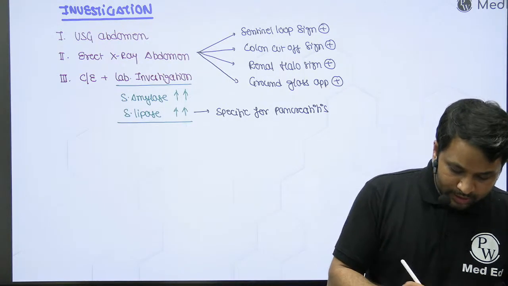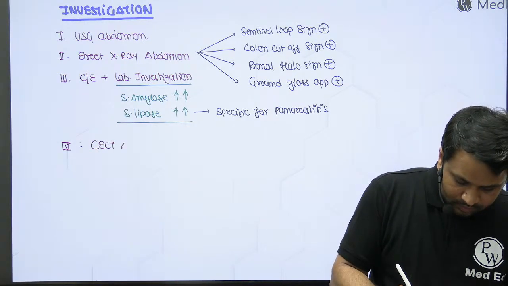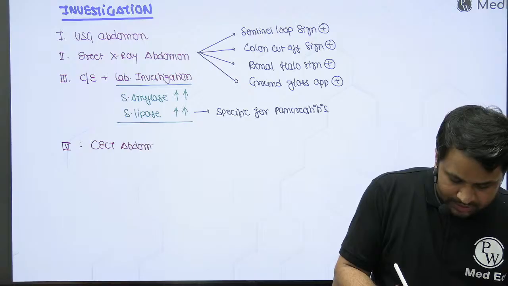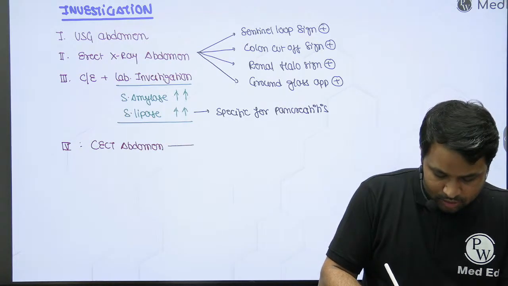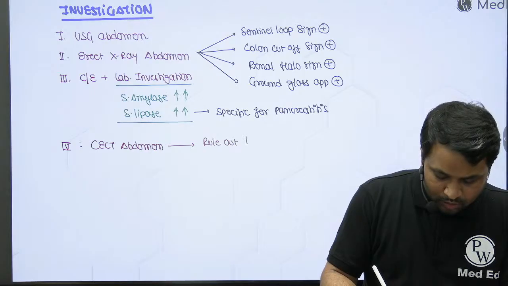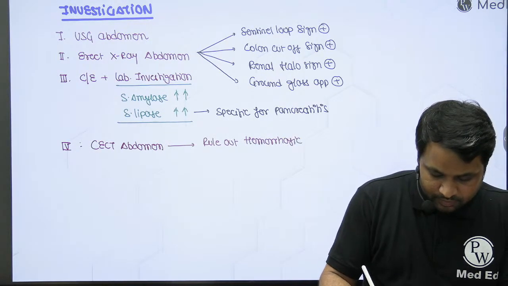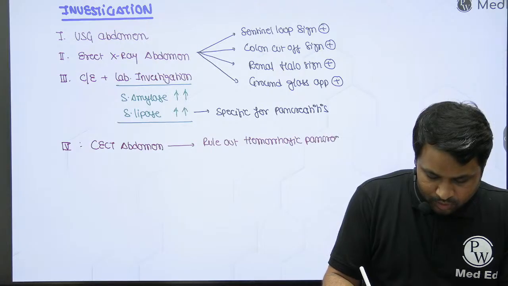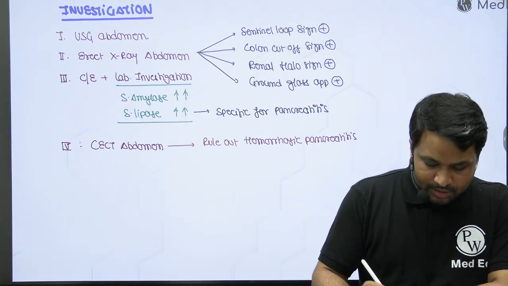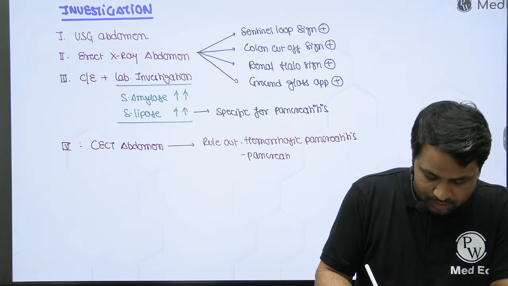You can also get the CECT abdomen. Now CECT abdomen is done to rule out hemorrhagic pancreatitis as well as pancreatic necrosis.